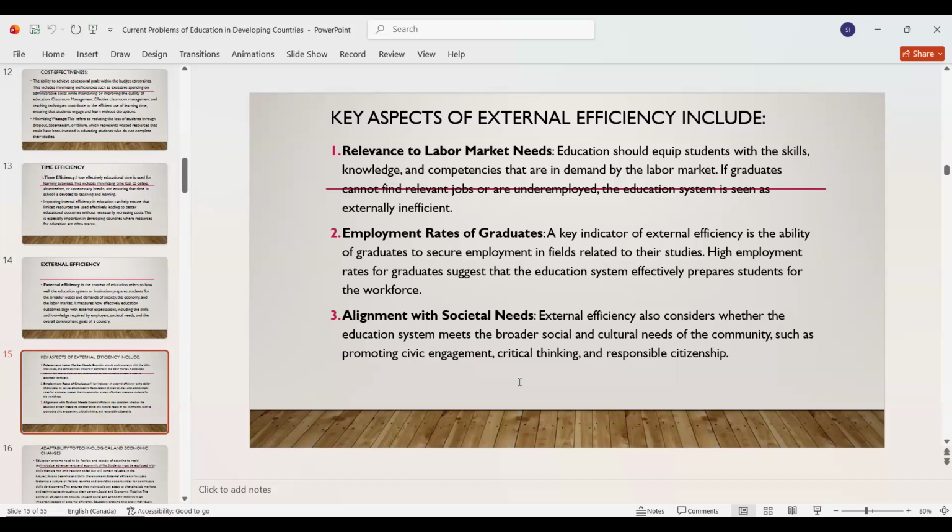Employment rates of graduates: a key indicator of external efficiency is the ability of graduates to secure employment in fields related to their studies. So this is very important.